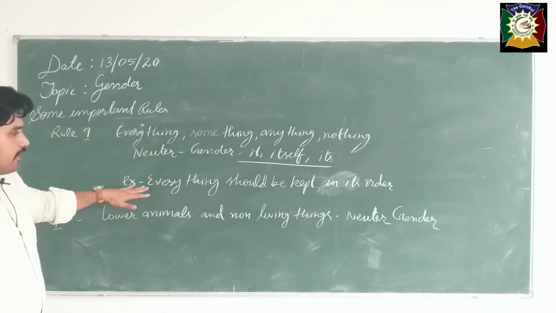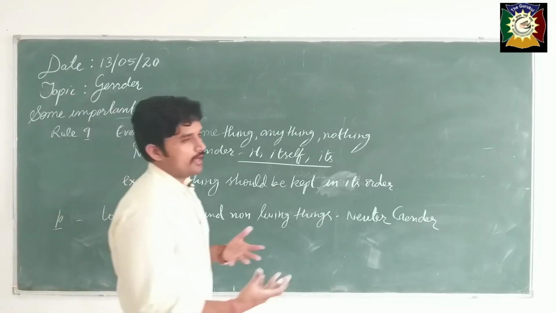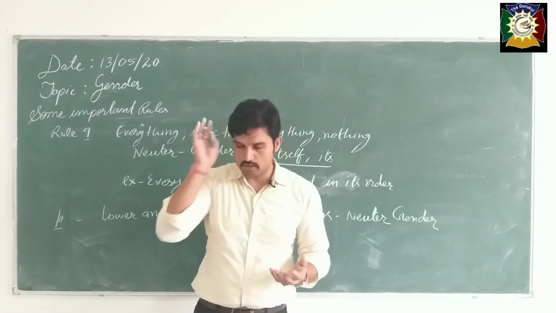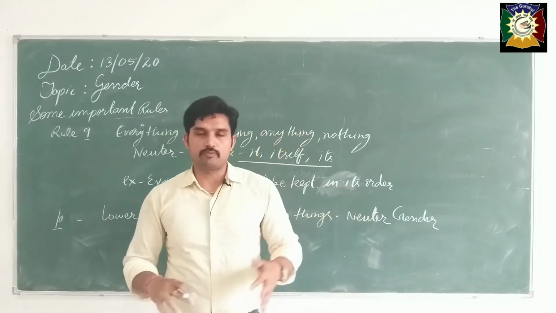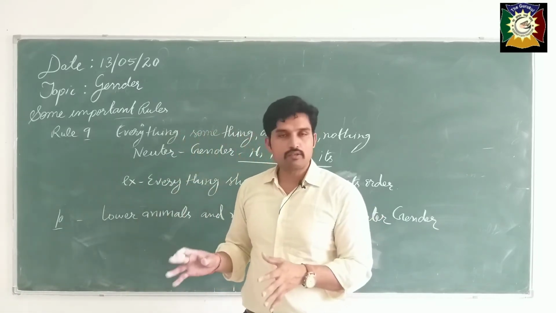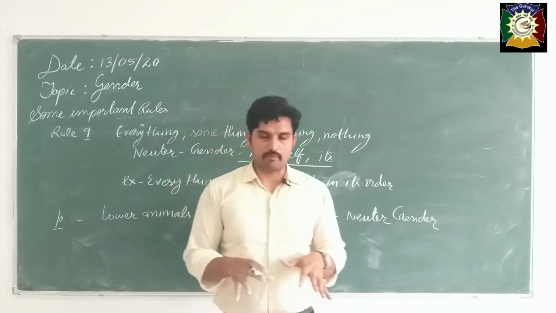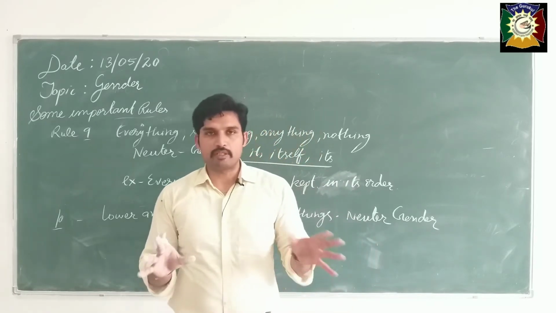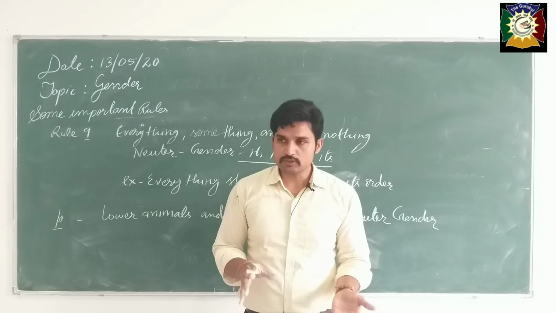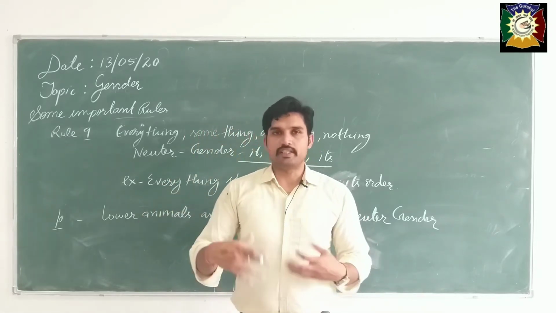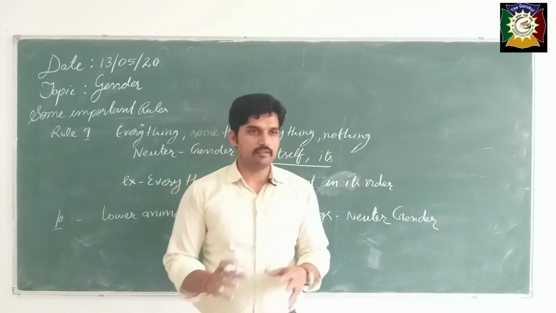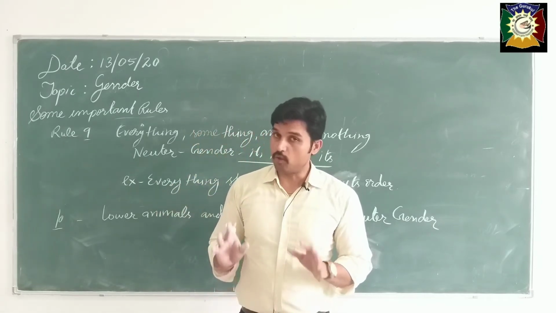For example, suppose I have a room and I was changing my furniture from one room to a second room. Now the second room is newly set up and I'm keeping all the things, but things were not kept according to the order. For example, the TV, the bed, they were not kept in order.